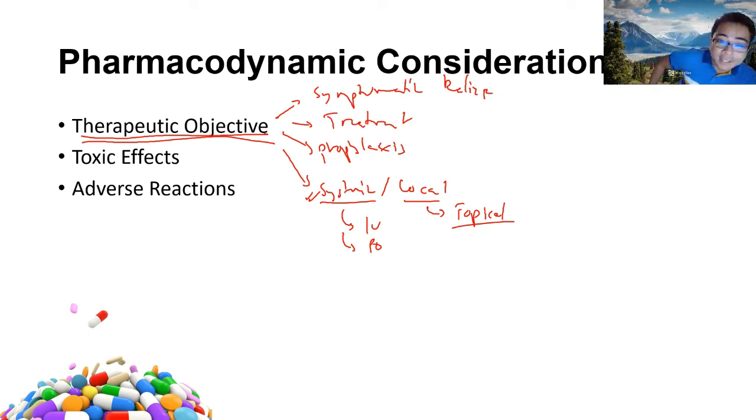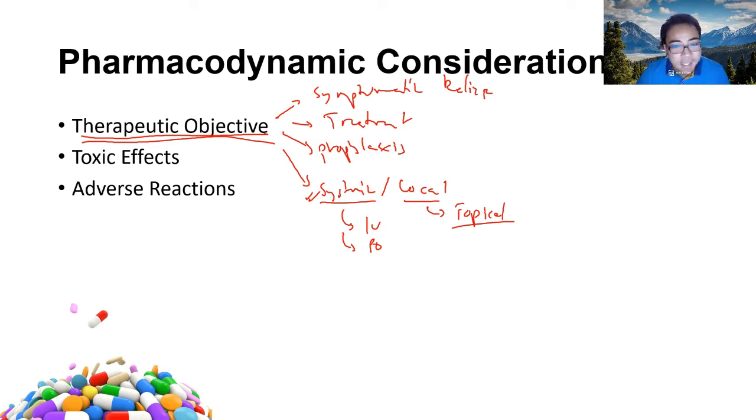So, toxic effects, you also have to consider these things. Kasi, remember class, ang number one consideration for any drug is safety first. Okay? Kahit gaano pa ka-effective, kahit gaano pa kaganda ang gamot mo, kung masyadong mababa ang kanyang therapeutic window, ang kanyang therapeutic index, then it doesn't make sense to use it.